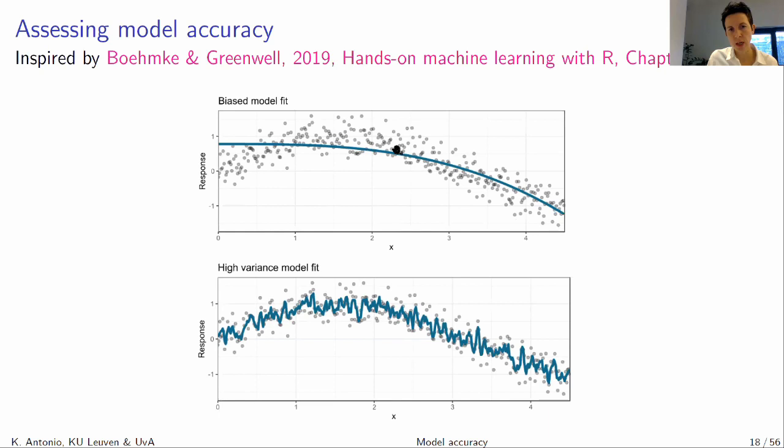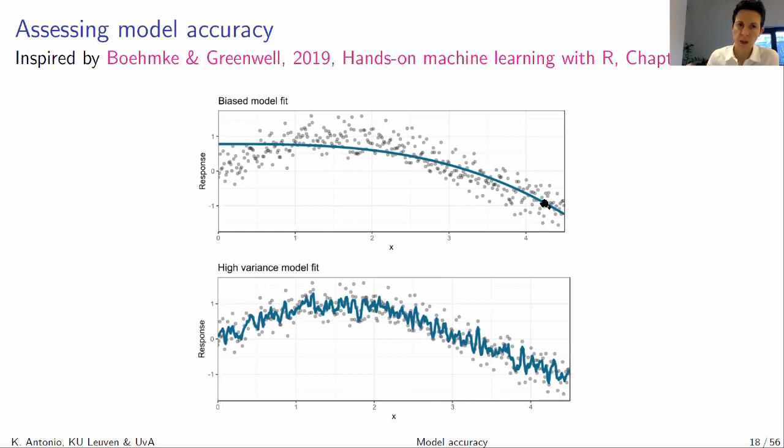In this case, I took some kind of polynomial fit, if I remember well. You'll see that this is quite a crude approximation of what the model was really about. So this is a model where the bias is quite substantial.